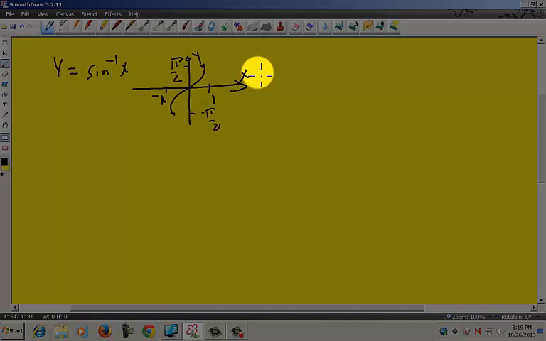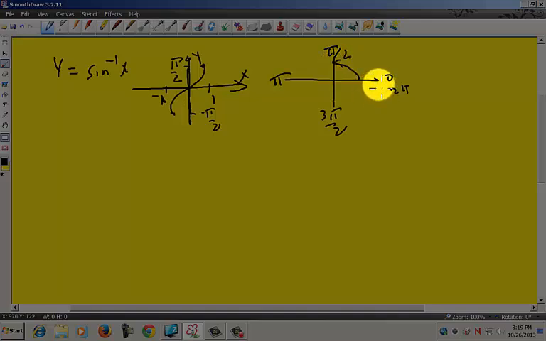Sine inverse goes from negative pi over 2 to pi over 2. On the unit circle, remember the unit circle went 0, pi over 2, pi, 3 pi over 2, and then 2 pi. Well, this goes from 0 to pi over 2.